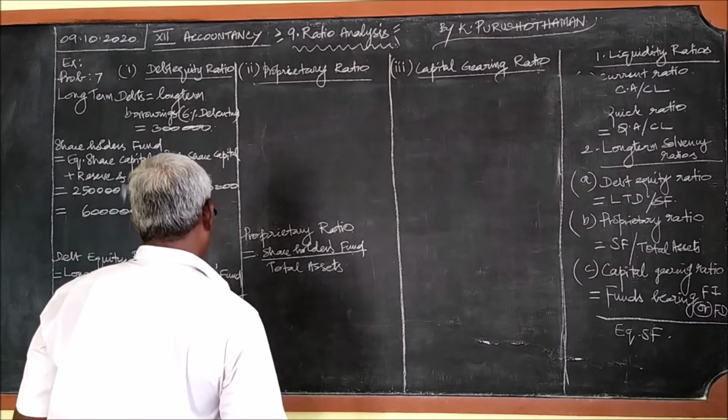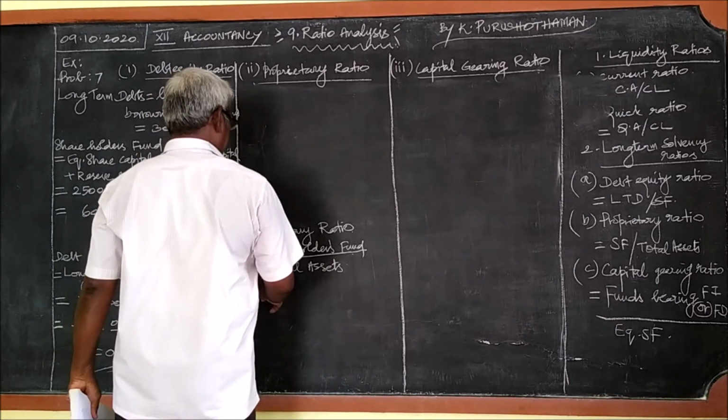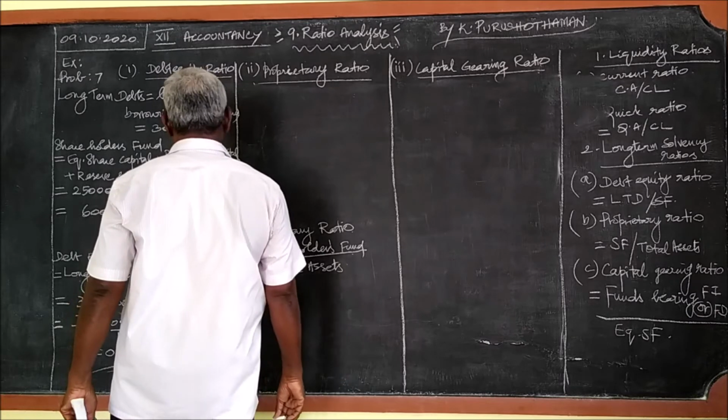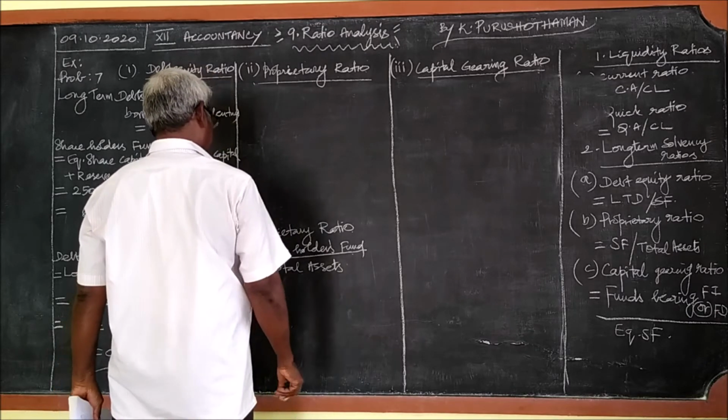Total assets. So you find the value for numerator, find the value for denominator from the problem given, then you substitute them, find the answer.